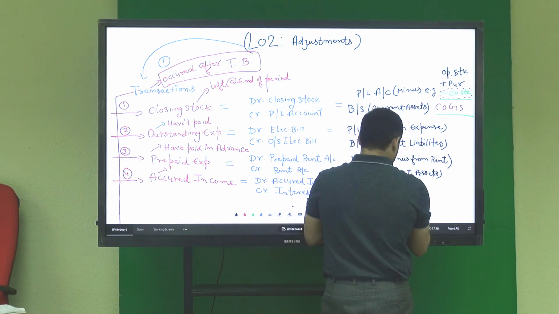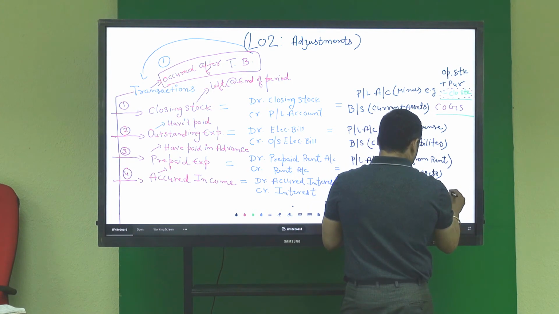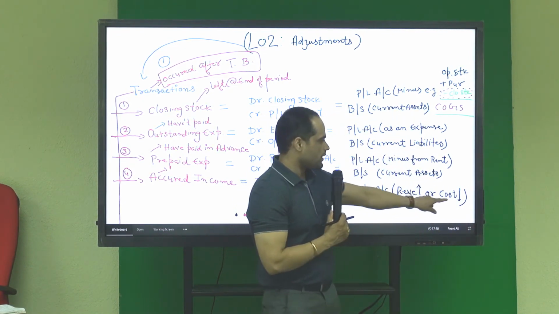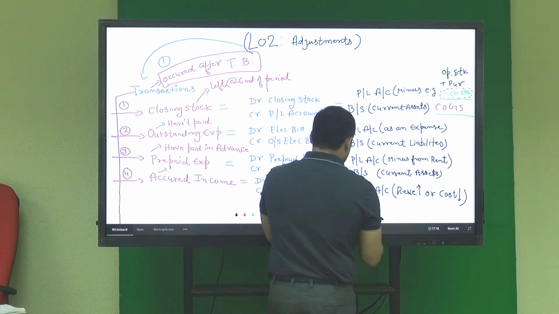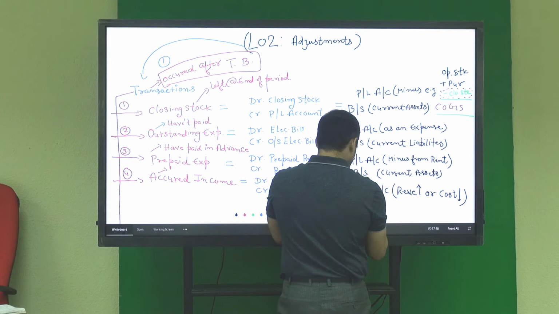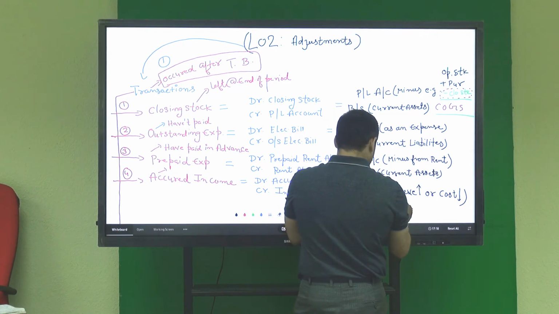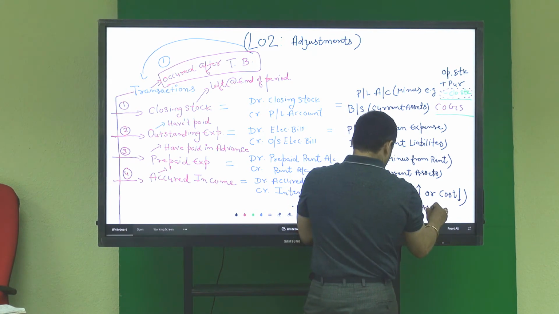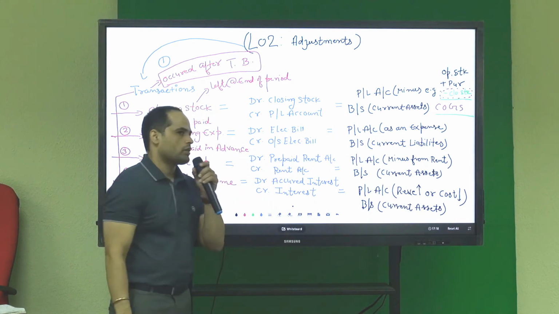It is going to maximize your revenue or minimize the cost, right? Another impact will be on the balance sheet. It will be treated as a current asset, because you have a right to receive.